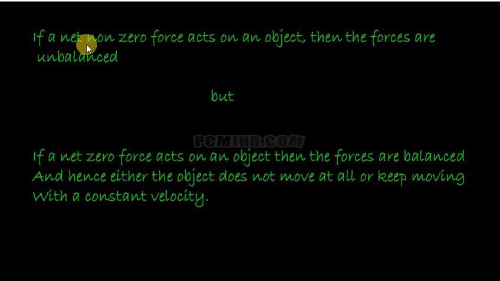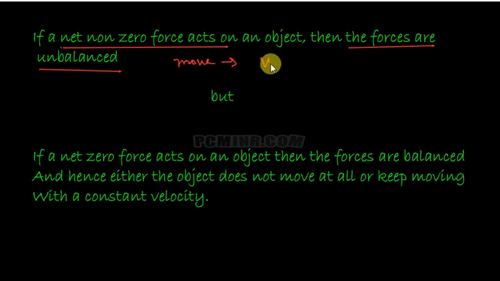And from this we understand that if an object is acted on by two or more forces and there is a net non-zero force acting on the object, then the forces are said to be unbalanced, and in that case your object will move with a variable velocity, because there is a net force acting in one direction which will either increase or decrease its velocity.